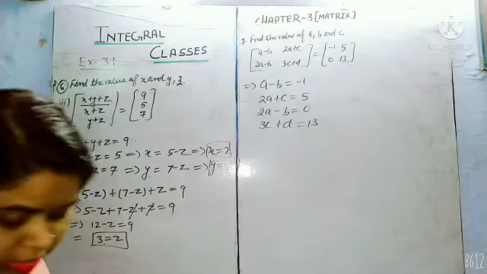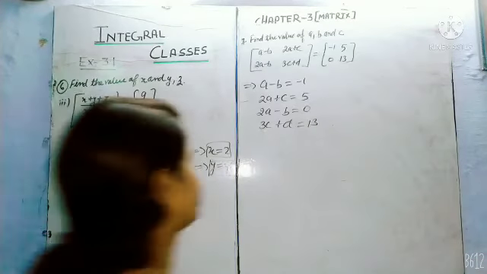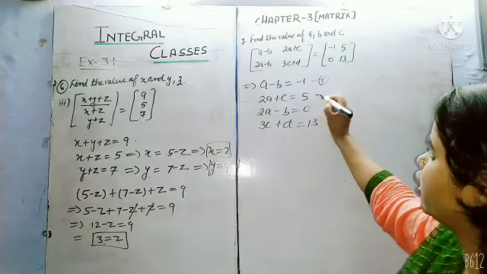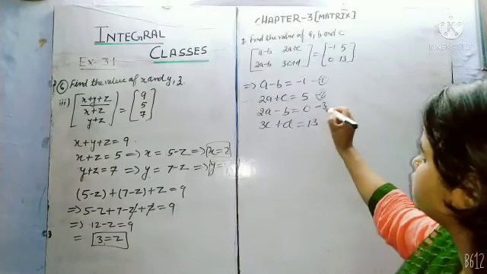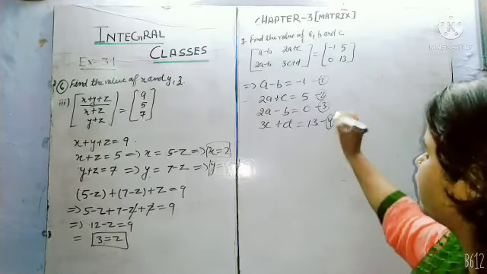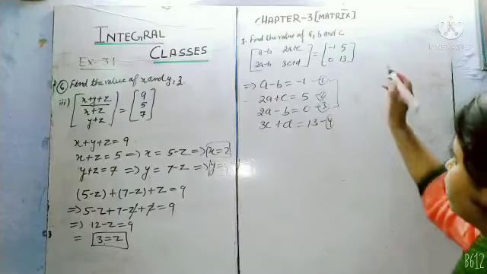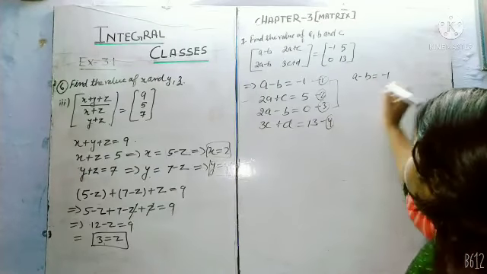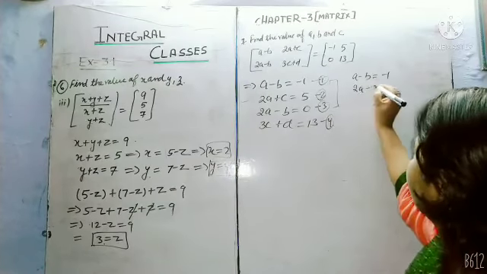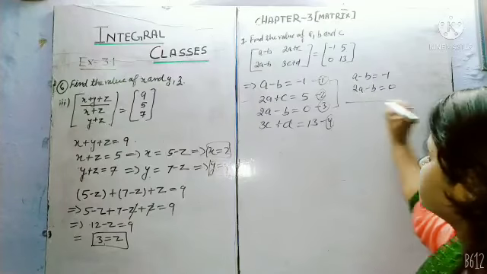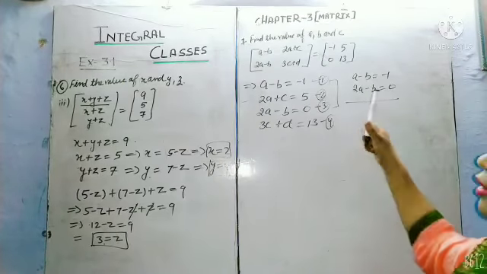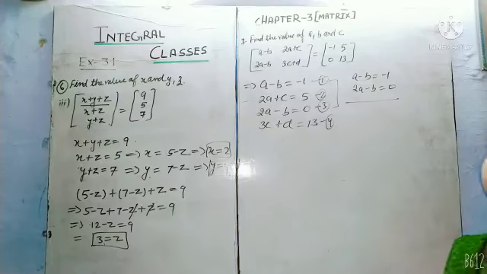We will find the values of A, B, C, D. As we observe, these are equations number 1, 2, 3, 4. From 1 and 2 we take, then we know that if we have two equations and two variables, we can solve them easily.